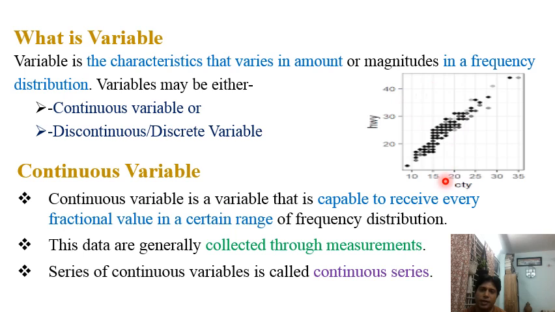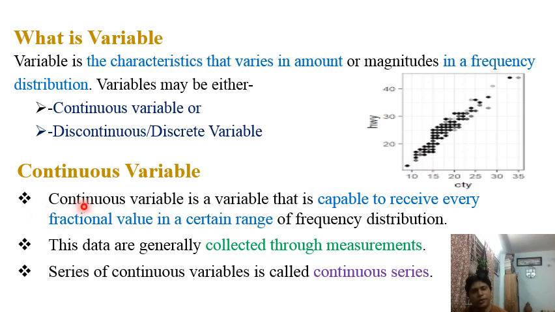In this picture, it is a frequency distribution with classes 0 to 10, 10 to 15, 15 to 20, 20 to 25. So the class 0 to 10 can receive any amount, or 10 to 15 can receive any amount. It may be whole or fractional amounts. Any value can be received.